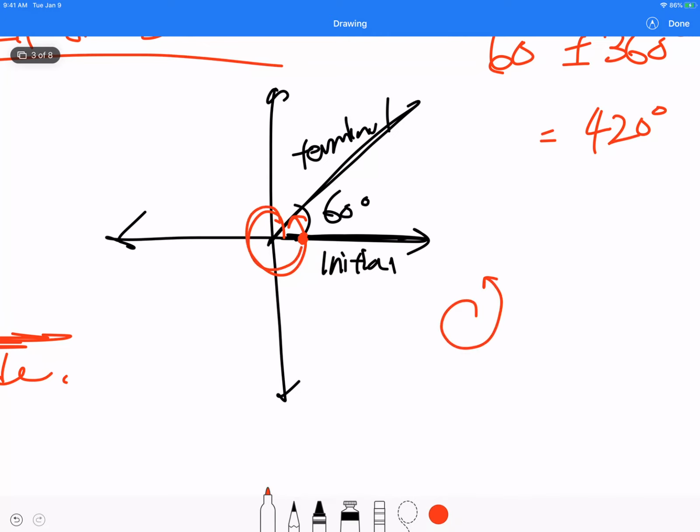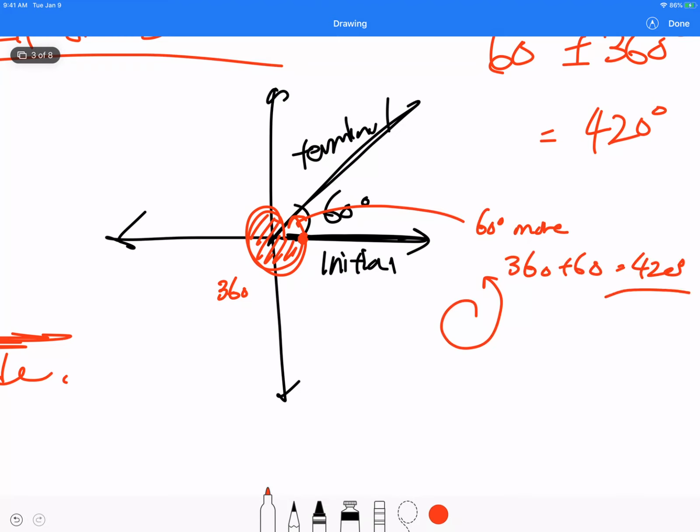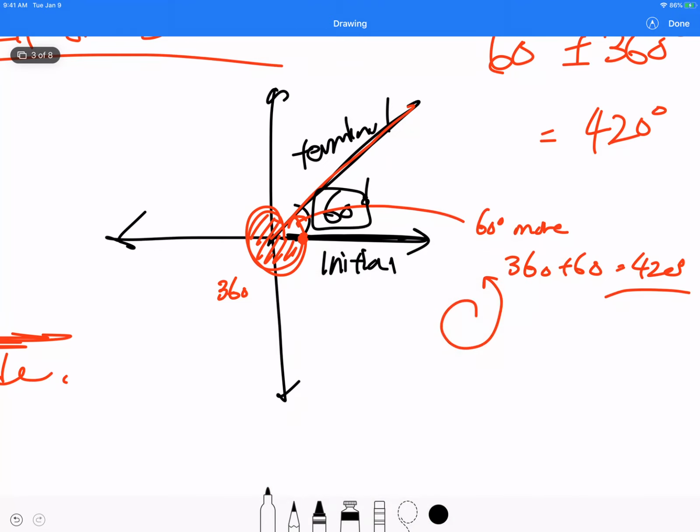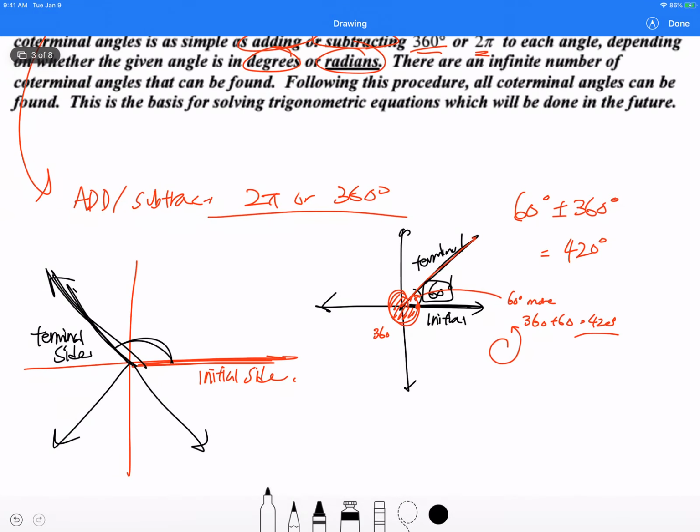That entire circle from here to here is 360 and then you go an additional 60 degrees more, which means 360 plus 60 gives you 420. Now, if you think about what happens, it ends up on the same terminal side as it would for the 60 degrees.